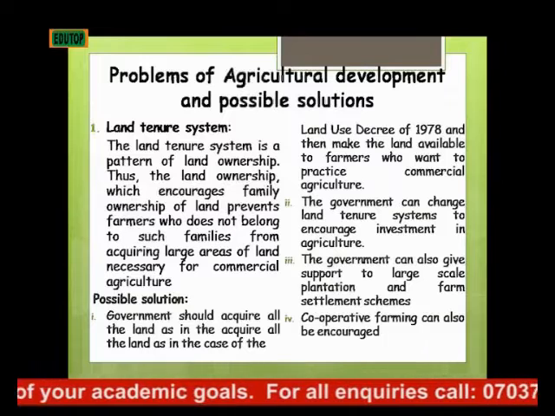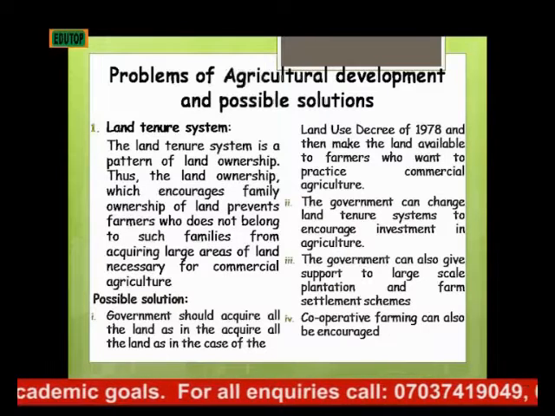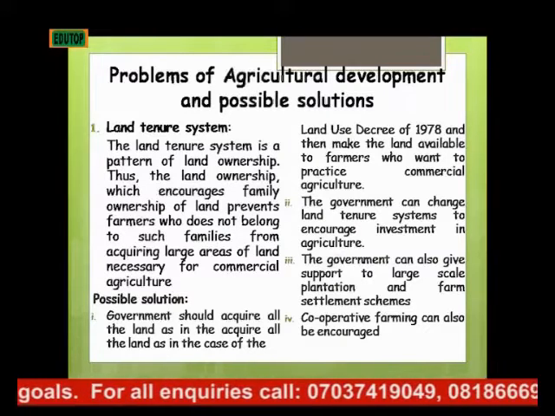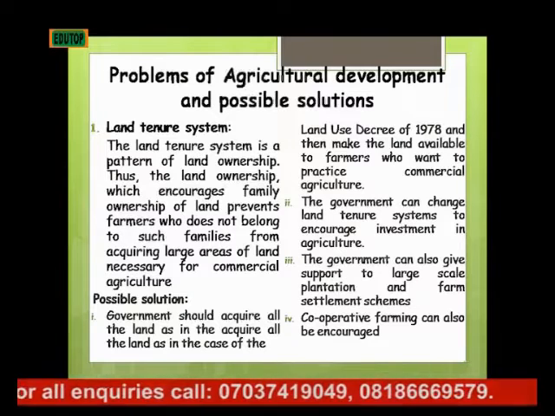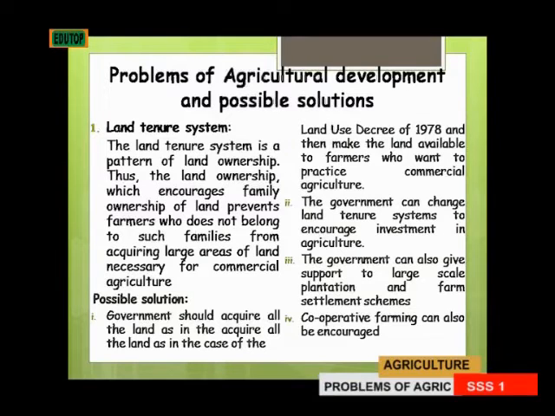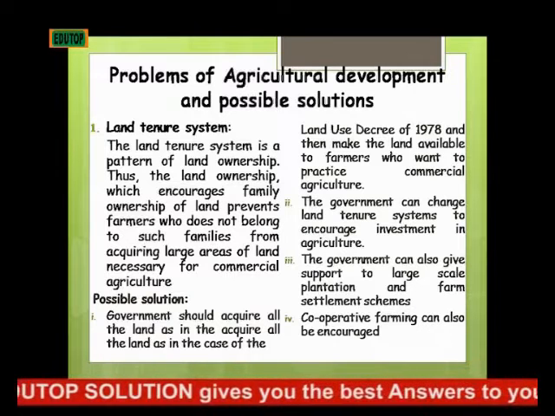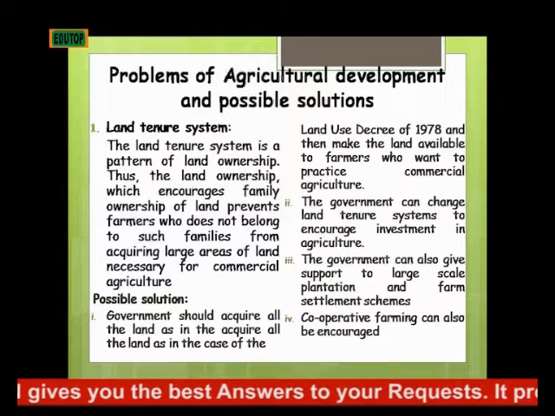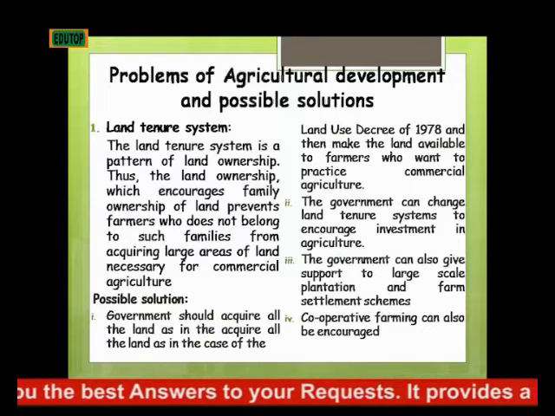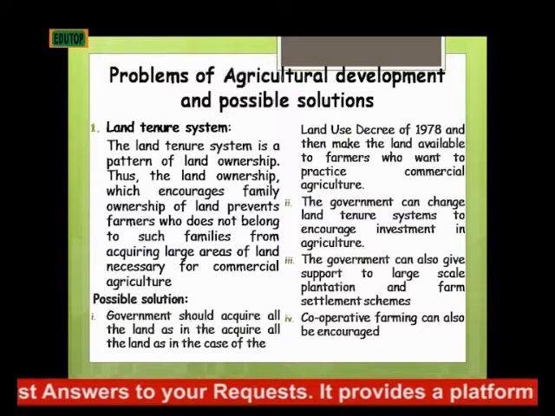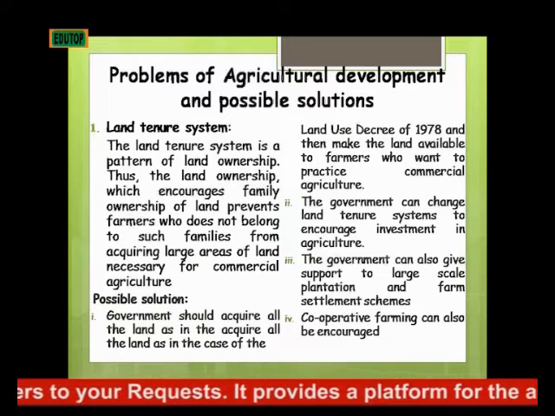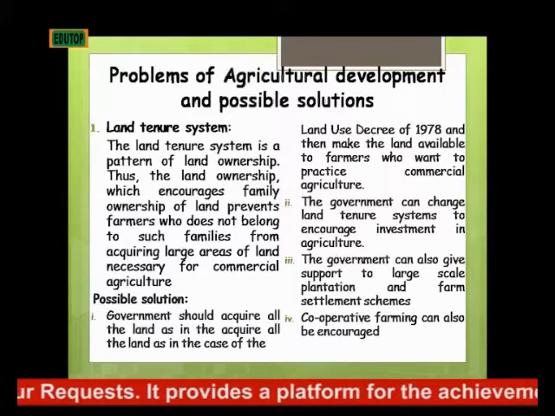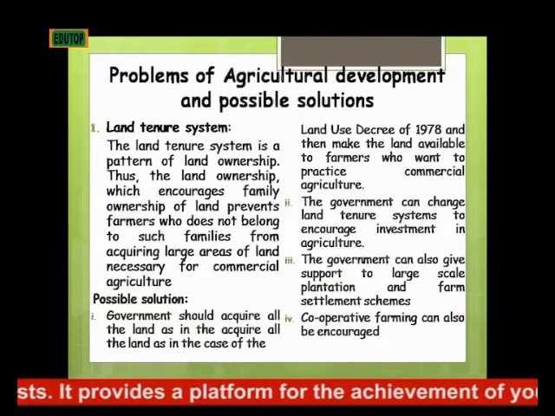Thus, the land ownership which encourages family ownership of the land prevents a farmer who does not belong to such family from acquiring large areas of land necessary for commercial agriculture. That is, now let's consider an instance whereby you are from the south of the country, and you find yourself in the southwest or northern part of the country.